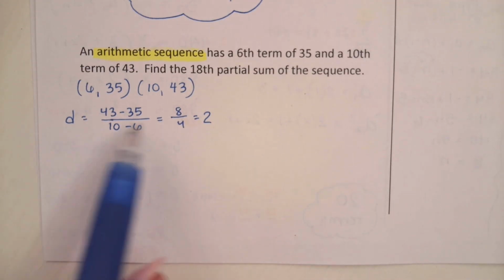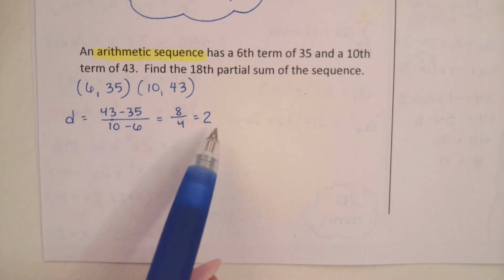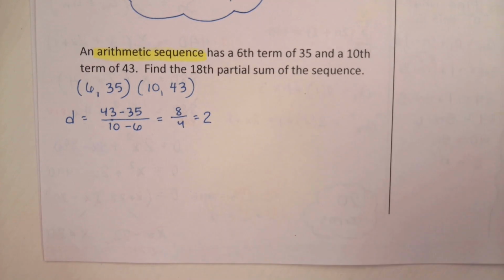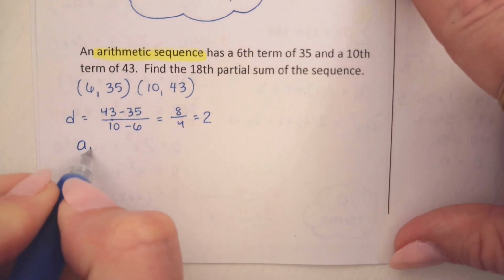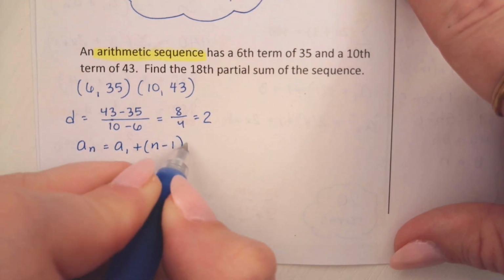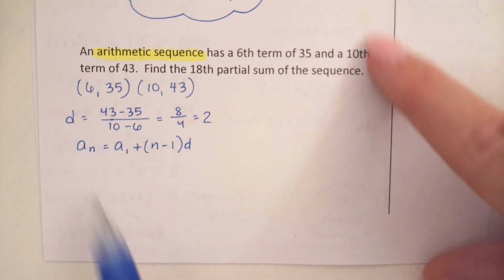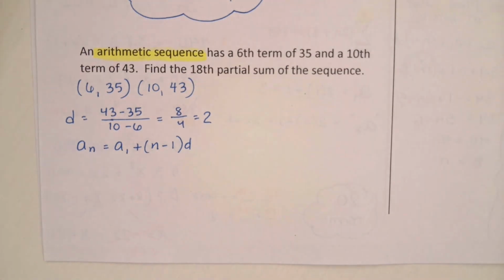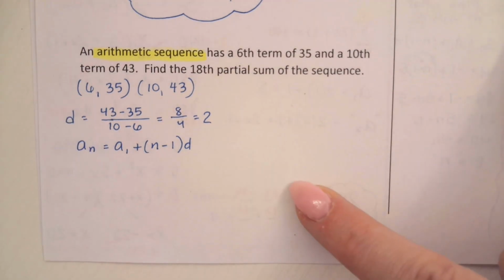Okay, and then from there, what did we find from there? Using your blank arithmetic equation, we plugged in one of the points as the n and the an. It's basically an x and a y.